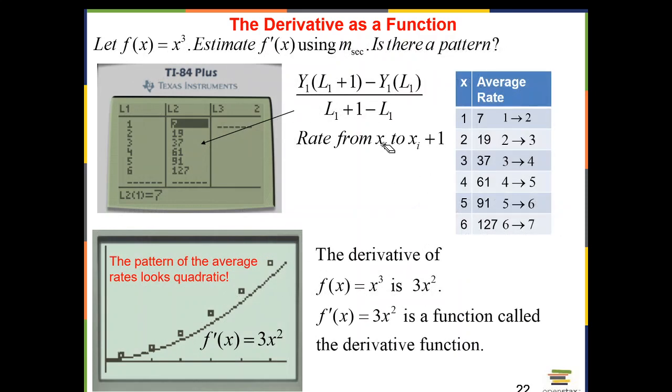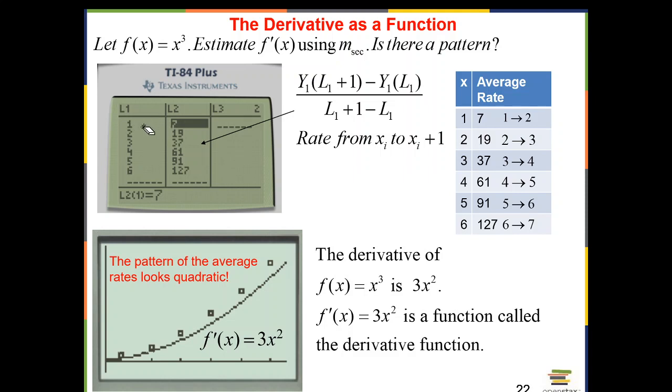So again, we can do that with the calculator. We can take a function, let's say x to the third power, and then create a table of values of x, let's say 1 through 7. We go to 7 as well, but we're not going to use the last one because we are interested in the rate between 2 points, right?